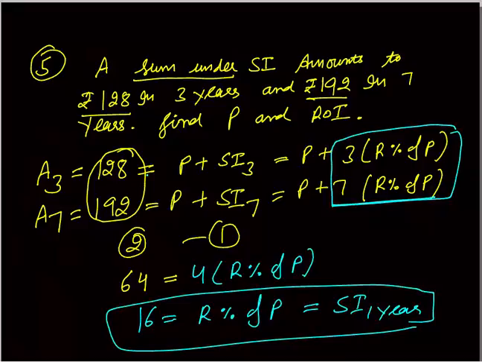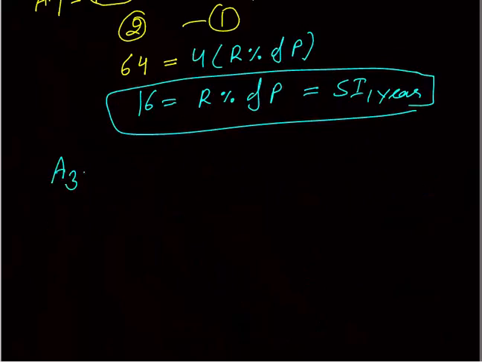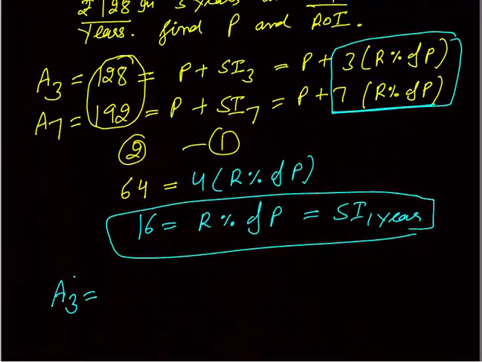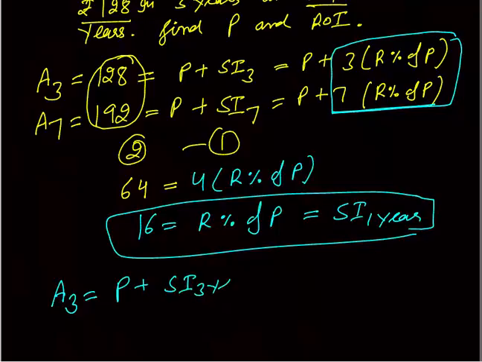You put it in any of the equations, you will get the principal. We know A3. What was our A3? A3 was principal plus simple interest of 3 years, that is P plus thrice of R% of P. A3 was 128.